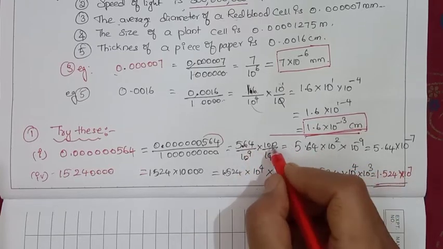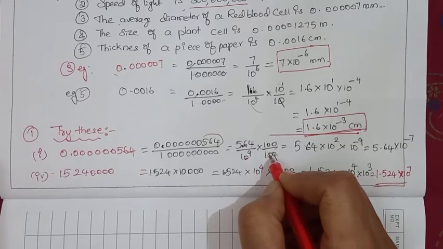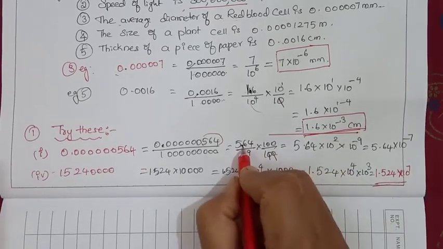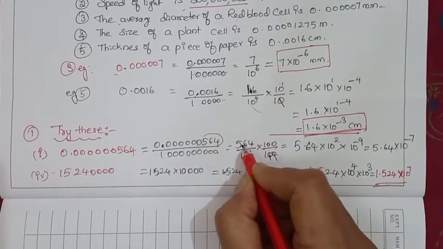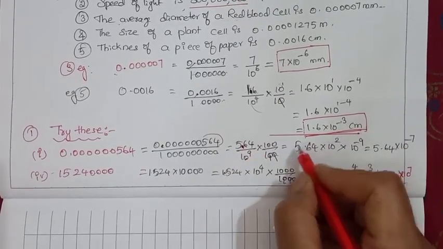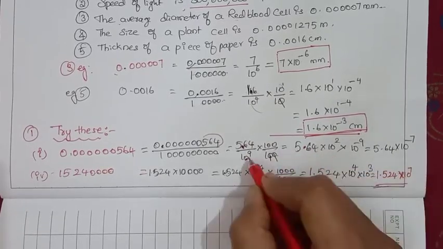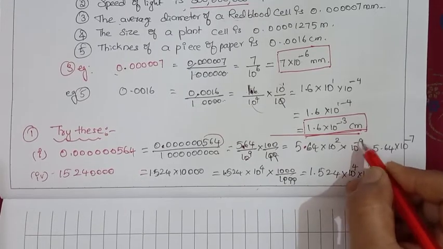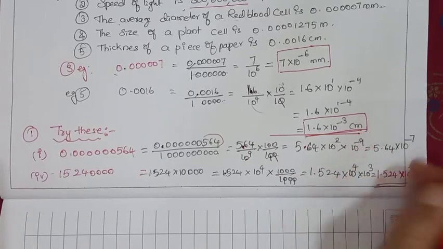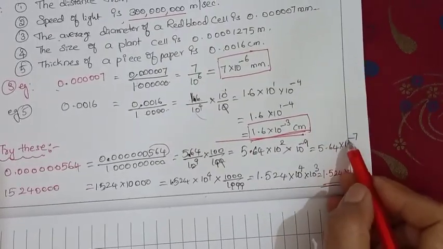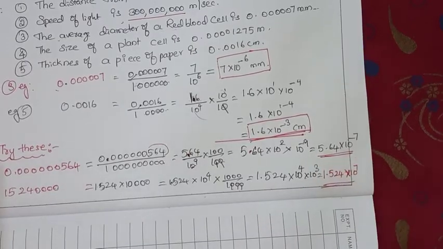For that purpose I need again 100, multiply and divide by 100 to make it shorter. So I removed these 2 zeros and placed one decimal before the digits. Now this becomes 5.64 into 10 square into 10 to the power of negative 9, right? Now 10 to the power of 2 minus 9 is how much? 10 to the power of minus 7. This is the standard form of the smaller number.